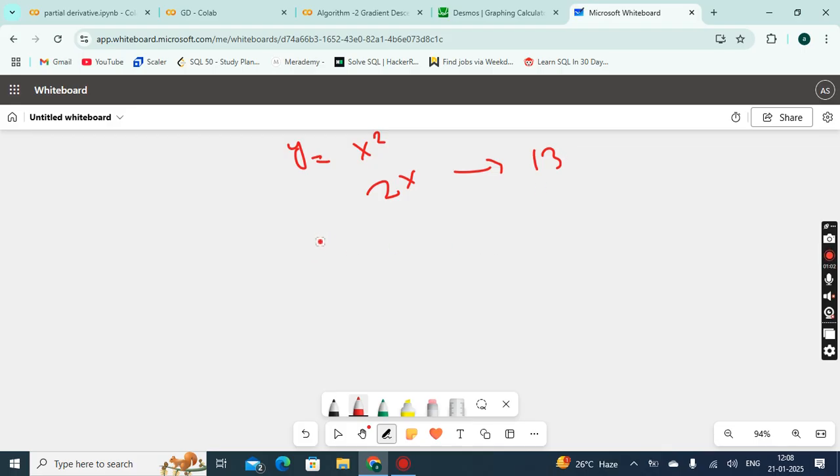So what is my first x? X old is 13 minus learning rate. I will explain what this learning rate is in a couple of minutes. Times 2x. 2x is your gradient. So times gradient, times 13. Learning rate times 2 of x.